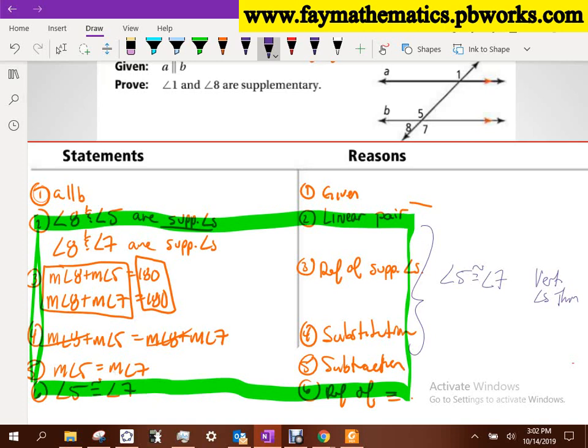Instead of writing it as 5 steps, we can condense it down to one step. Angle 5 is congruent to angle 7 because they're vertical, okay? That's the idea of why we have theorems. Instead of making this proof maybe 10, 15 steps, our theorems will condense sections, and allow us to make an argument much quicker. Okay?